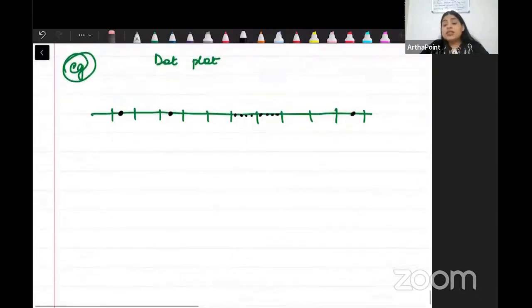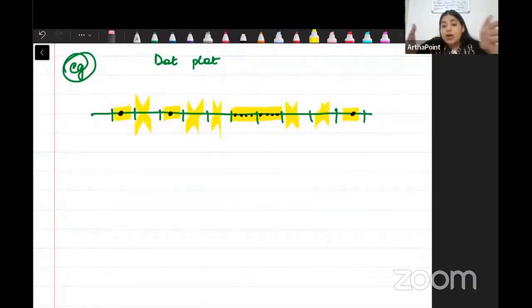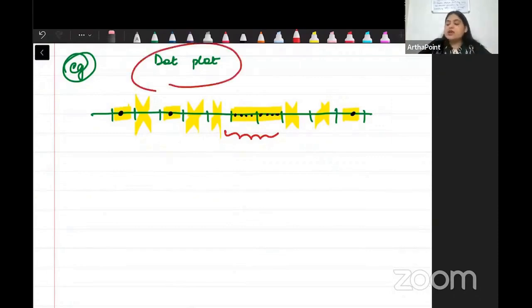When you see such dispersed frequencies, it means here there must have been many data points, but in this interval there was only one data point, in this one there was one, and in the others there were none. So when you see such a dispersed plot, when you see that there is one interval in which multiple data points are there, and in other intervals we don't have many data points, in that case you should be going with unequal width.